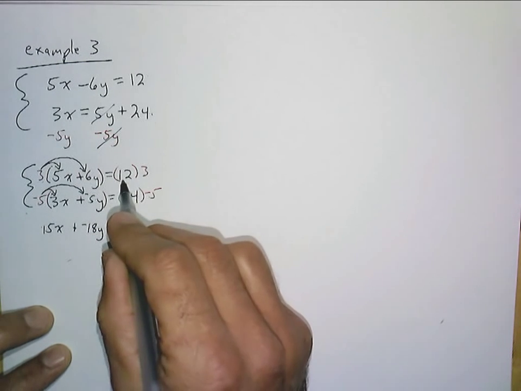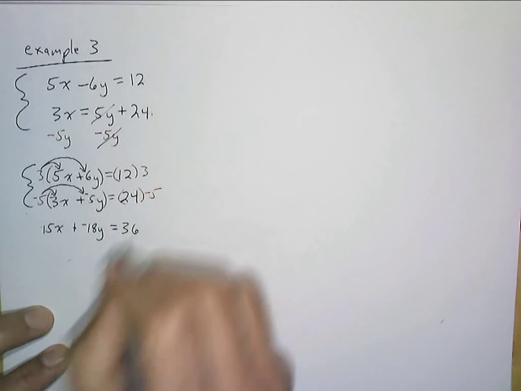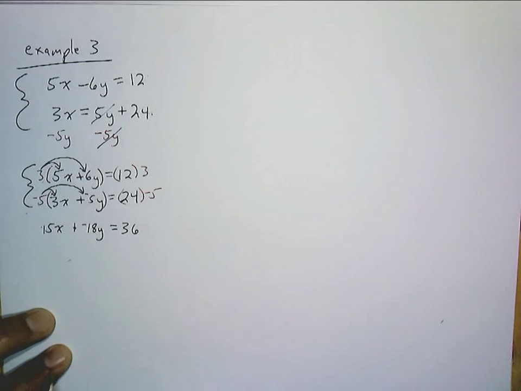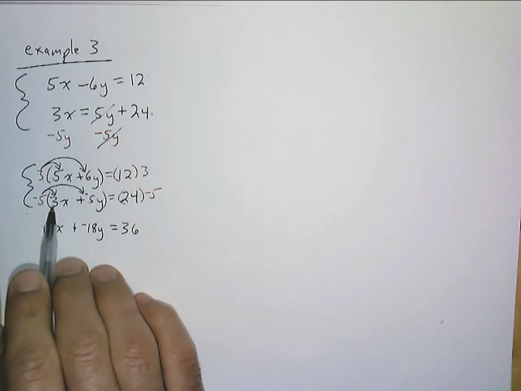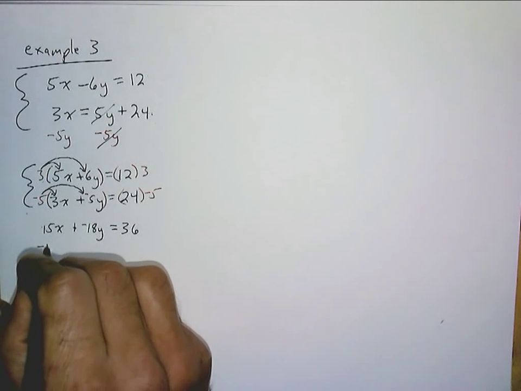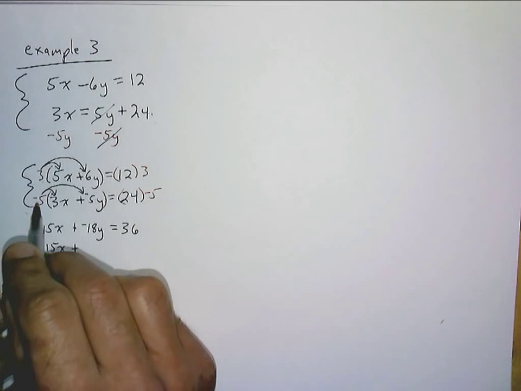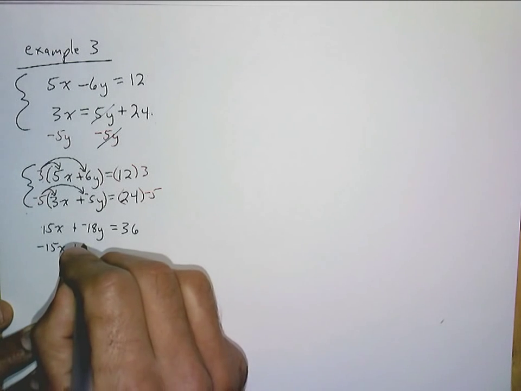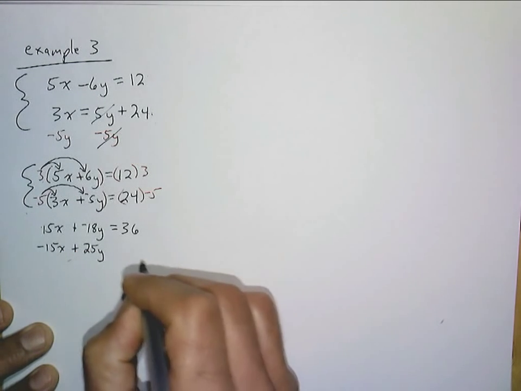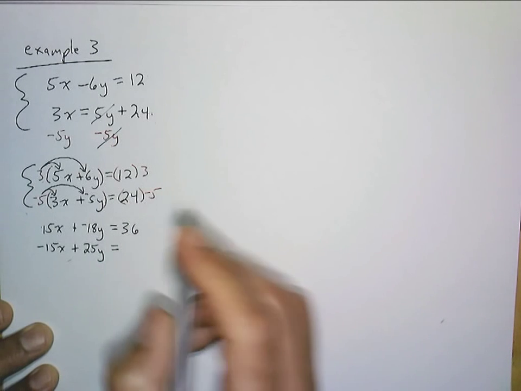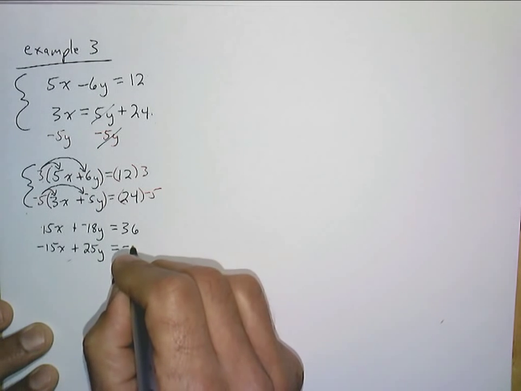On the right-hand side we've got 12 times 3, which is 36. Second equation: negative 5 times 3x is negative 15x plus negative 5 times negative 5y is a positive 25y. And 24 times negative 5 is negative 120.